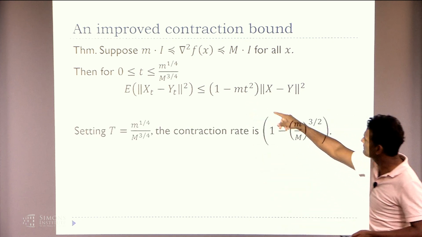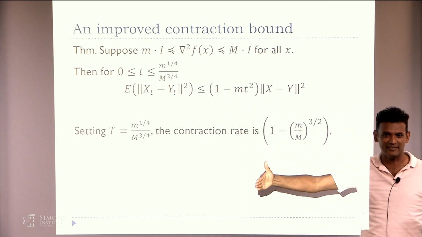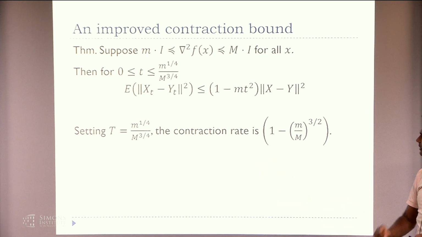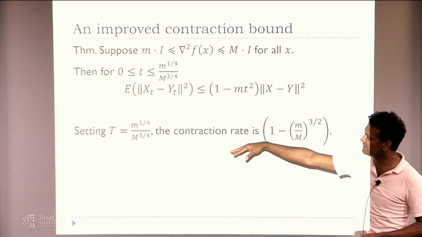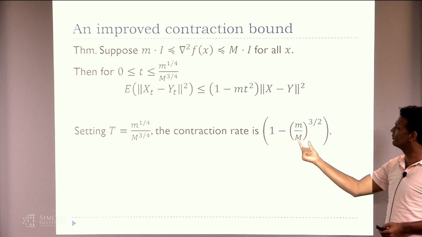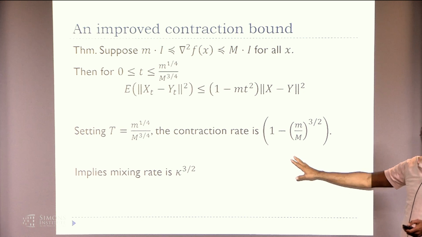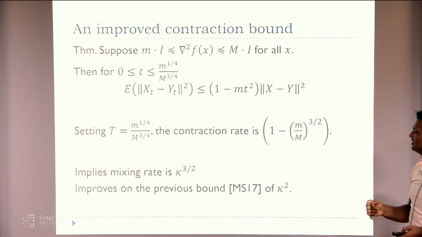And if you set this time to the largest possible, which would be the biggest step you can take so that you get the most contraction by solving a single ODE, for that setting, you can check, it's m over M to the 3/2, which means that the mixing rate is kappa to the 3/2, which improves a little bit on the previous best kappa squared.